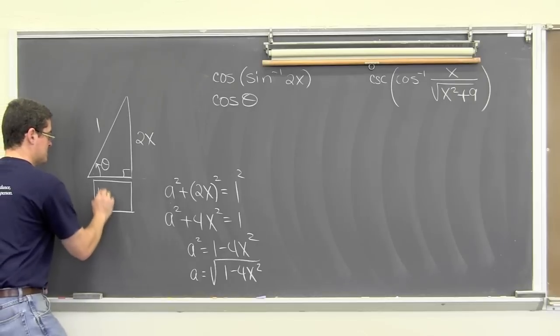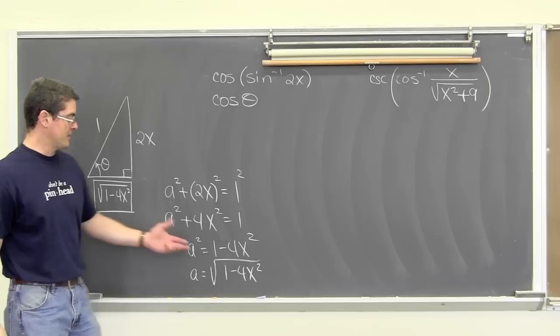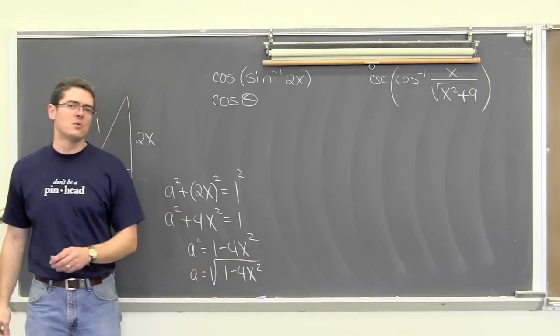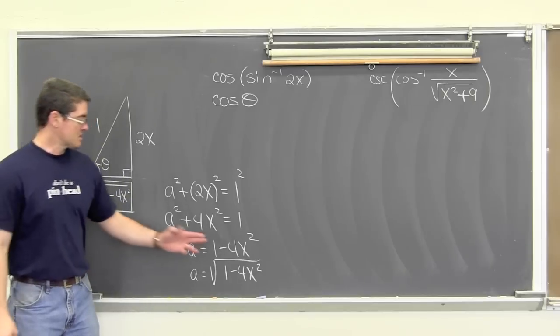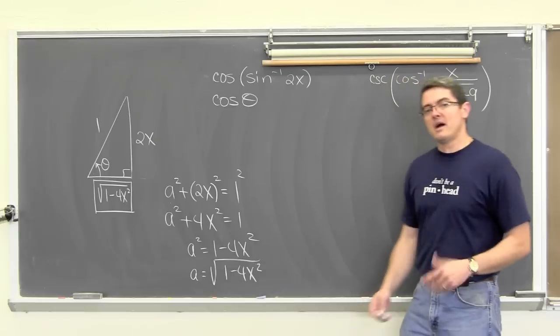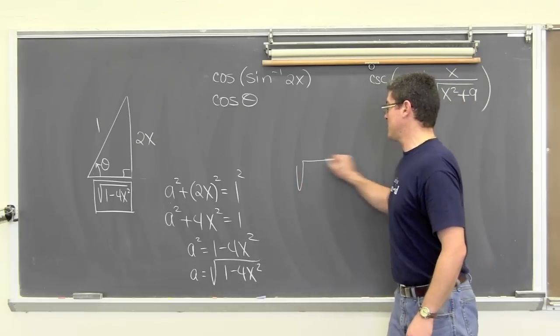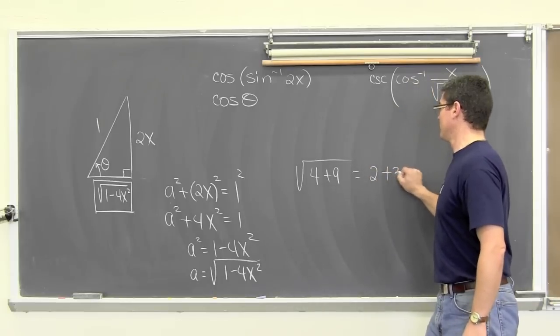Now, my students, a lot of times, unfortunately, might like to say that this is 1 minus 2x. The square root of 4 is 2. The square root of x squared is x. The square root of 1 is 1. But saying that this was equal to 1 minus 2x would be like you trying to say that the square root of 4 plus 9 is equal to 2 plus 3.